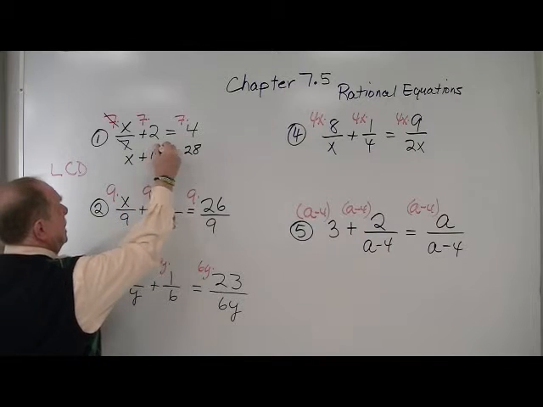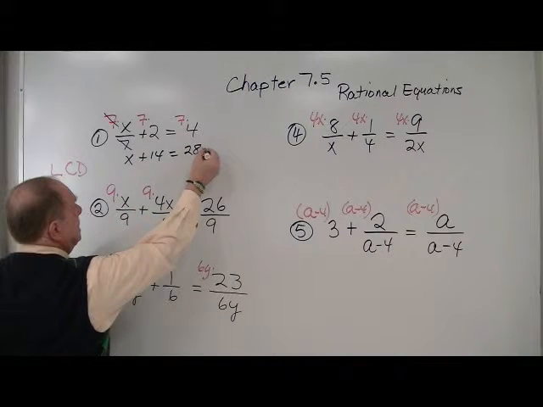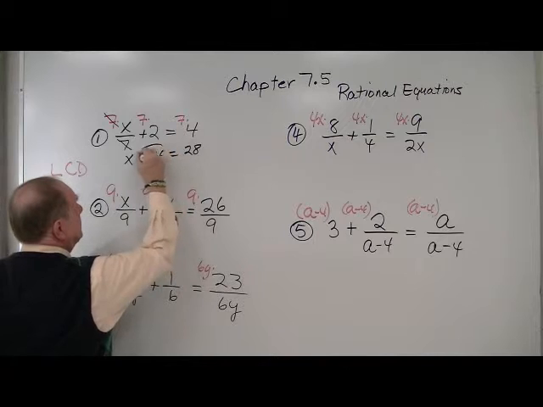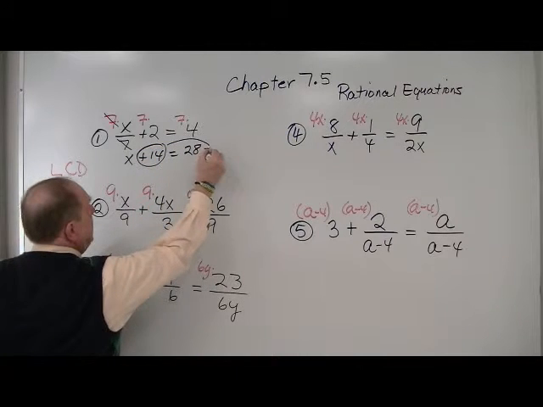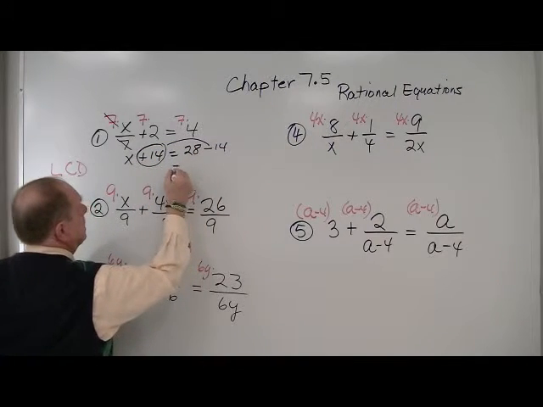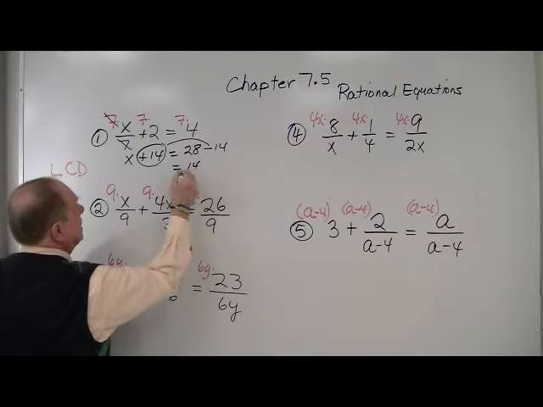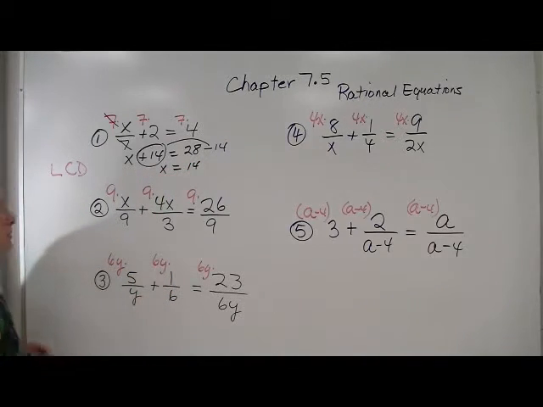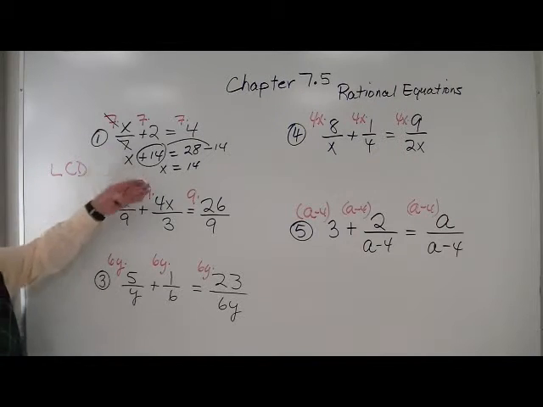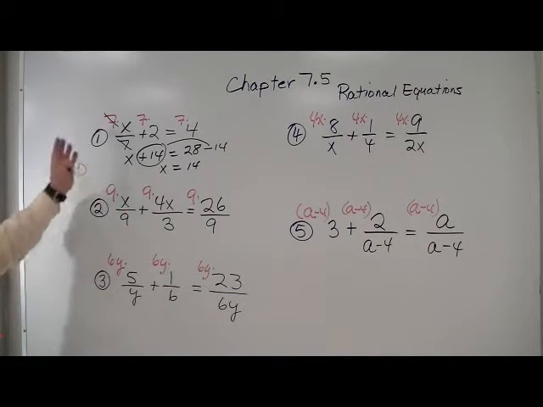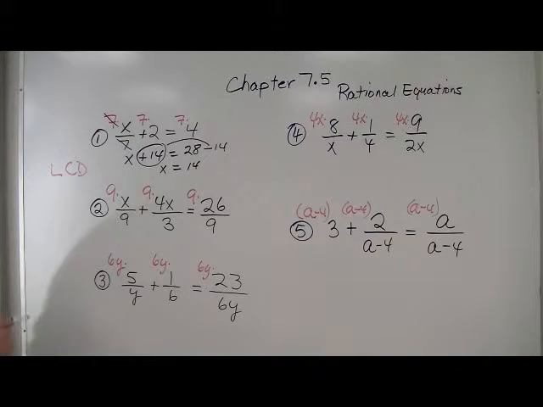Now we're going to transpose the 14. On this side it becomes a negative 14. X equals 14. Notice how much easier it is to do when you get rid of the fractions. That's what we're shooting for.